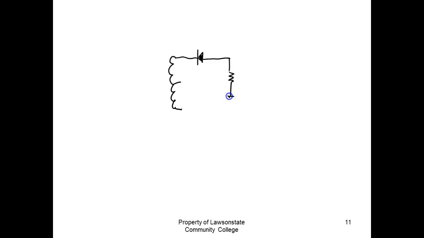What's the color code for a 1K resistor? Yeah, brown black red. So this is our circuit.